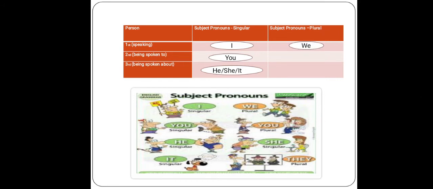Subject pronoun plural for first person speaking is we. The second, being spoken to, is the same as singular, it's you. And the third person being spoken about, which is plural, when you have two people or more, or two animals and more, or two things and more, it's they.